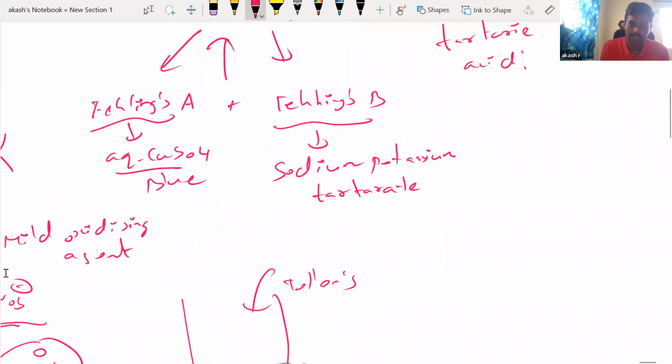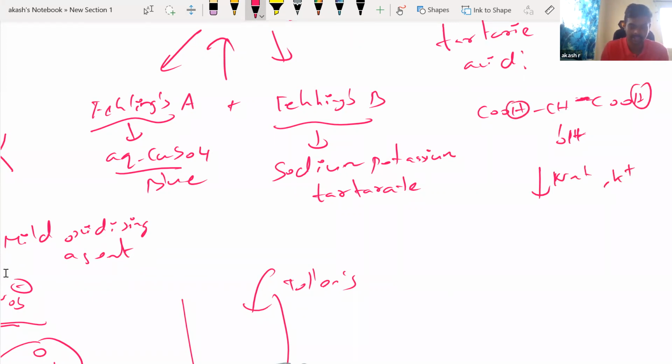Tartaric acid is going to look like this: COOH, CHOH, CHOH, COOH. This is the formula for tartaric acid, which you find in tamarind generally. Tamarind contains tartaric acid.